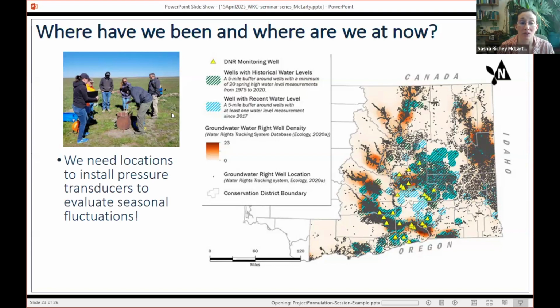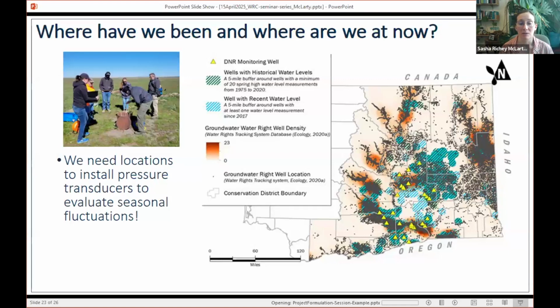And what I'm working on now, and would love anybody's help who is on this call, is installing pressure transducers in, well, any well that we can, basically. I have the funds in part through this grant. I have transducers already.